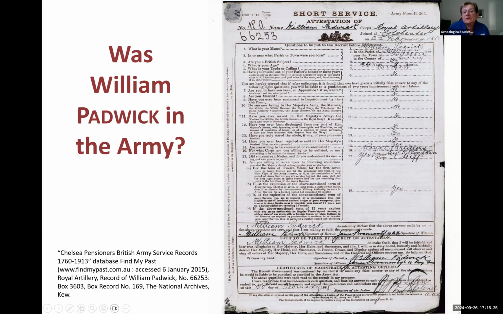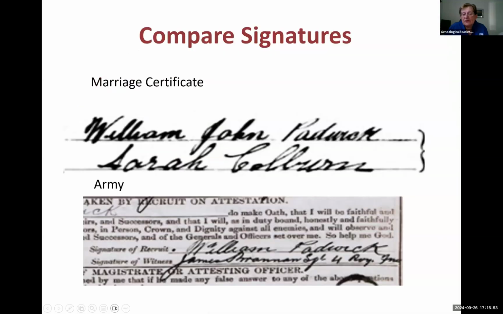We've got William Padwick, born in Guildford in Surrey, and he's 24 years and 9 months old. And it's got it down: what is your trade or calling? He's put himself down as a carman. In other words, driving a cart, that sort of thing. So we've got a signature for William Padwick. Let's compare it with the marriage certificate.